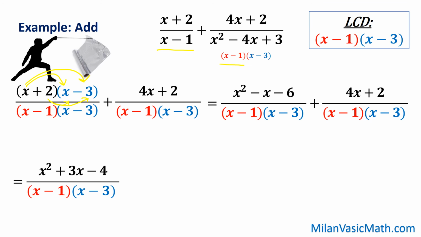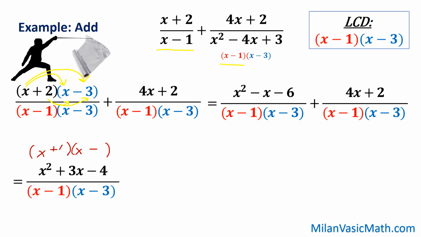And you should always look here to see if maybe the numerator can be factored some more. All right, if I look at this, I need two numbers to multiply to -4, but add up to 3. Well, if necessary, you do a little bit of factoring here. Draw two parentheses, x and x. It's going to be positive and negative.